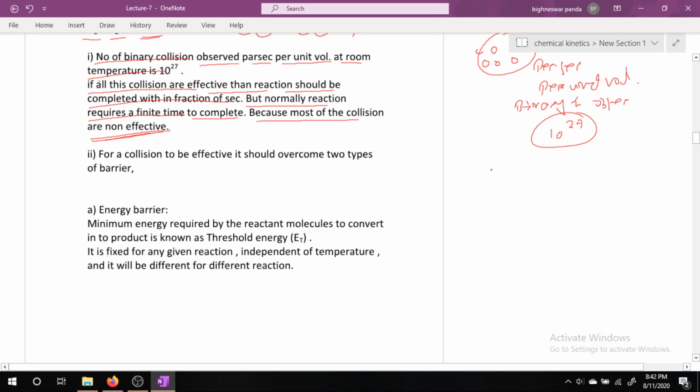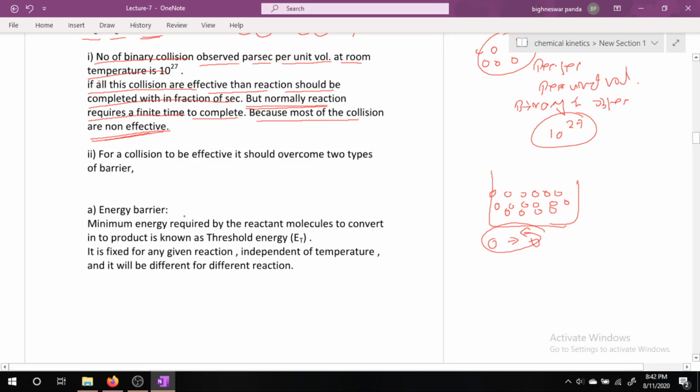If we consider a beaker with various molecules undergoing collision with each other, this collision number is 10 to the power 27 per second per unit volume. If all of them are effective, the reaction should be completed within a fraction of a second. But it has been found that the reaction requires a finite time because all the binary collisions are not effective.